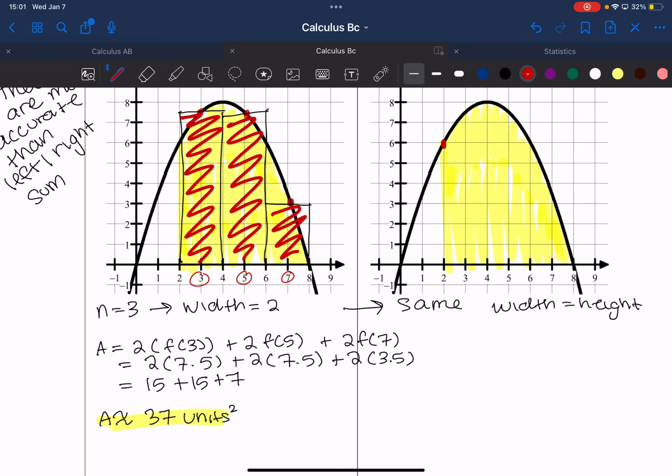Okay, then the width or height is 2, so I'm going to go from 2 to 4, and then from 4 to 6, and then from 6 to 8. Okay, so for the trapezoidal, we're using all the points, including the endpoints, and the numbers we choose are based off of the height, which in our case was 2.